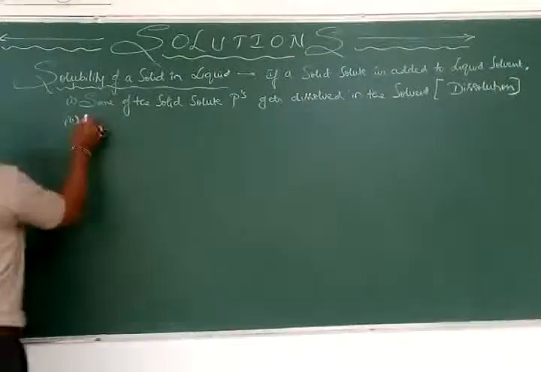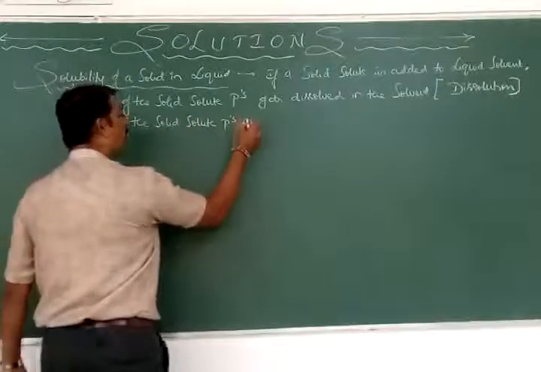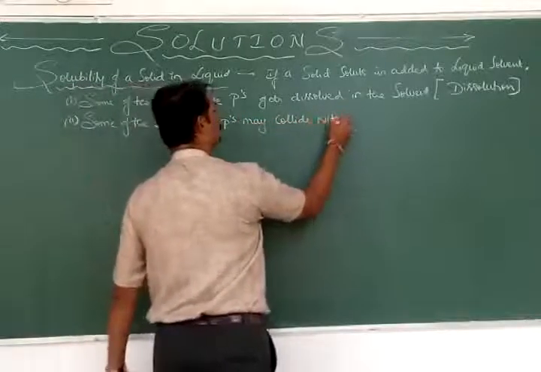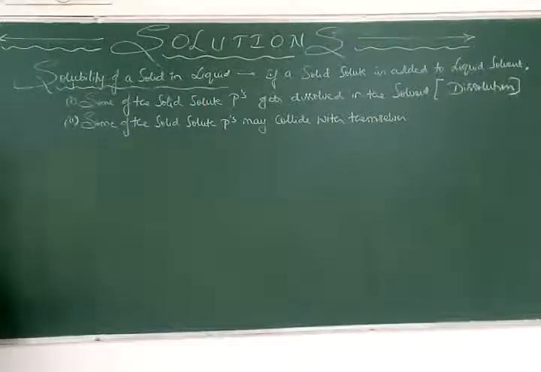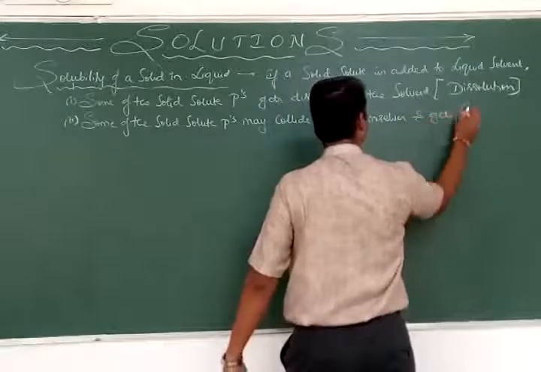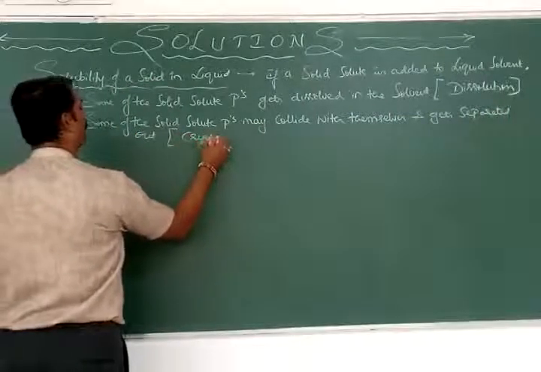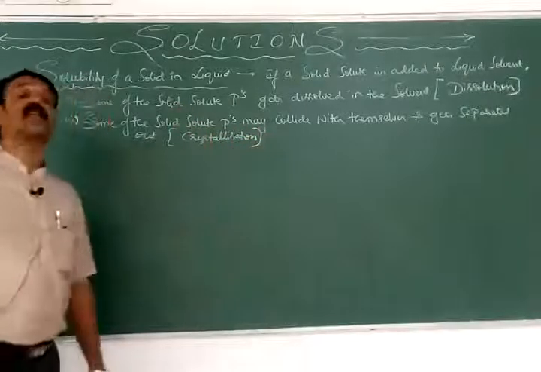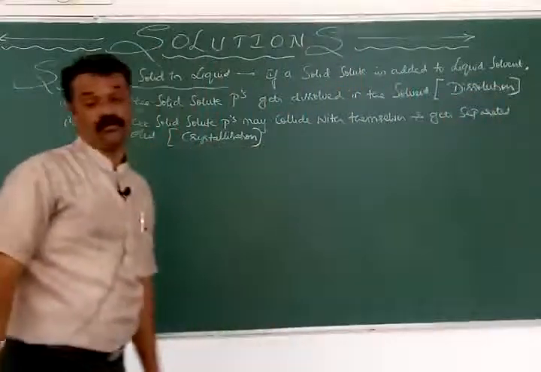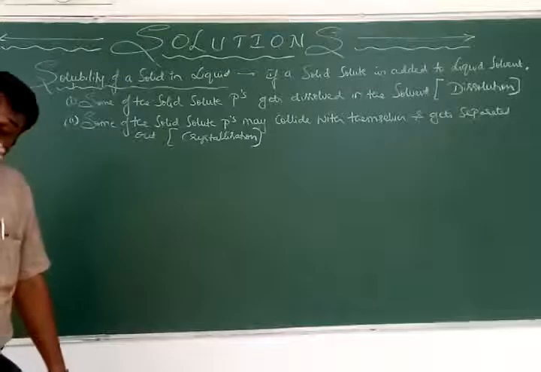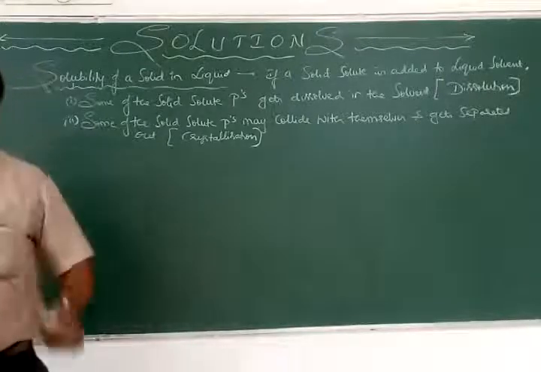Some of the solid solute particles may collide with themselves and get separated out. This process is called crystallization. The solute particles, when added to a pure liquid solvent, slowly get dissolved, and the process is called dissolution. But in the other case, some of the solute particles collide with the neighboring solute particles, such that they get separated instead of dissolving.